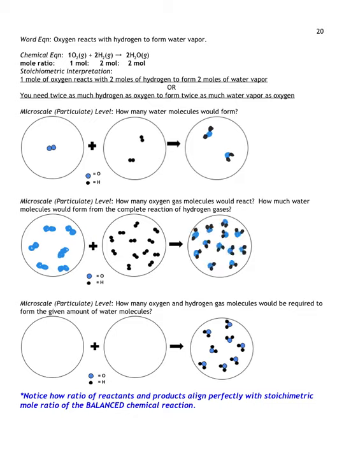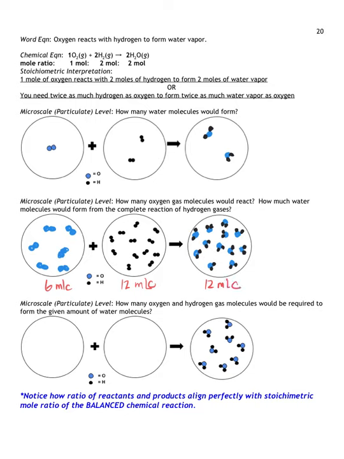So notice how the ratio of oxygen to hydrogen to water vapor is 6 molecules, and I'll use MLC as my shorthand for molecule, 6 MLC to 12 MLC to 12 MLC.